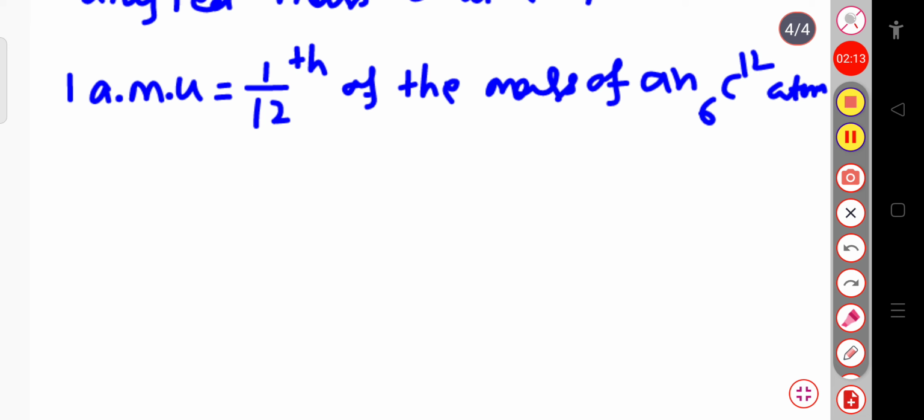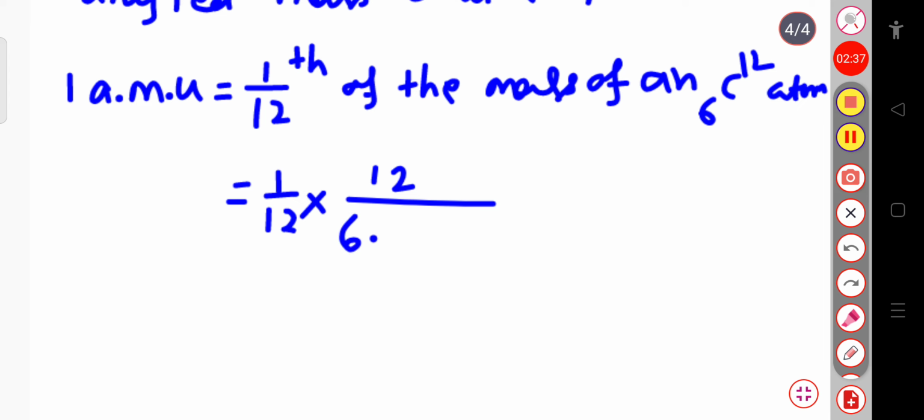If I consider the Avogadro number, that is 6.023 into 10 power 23, it will contain the total carbon atoms. So for the 12 part of the carbon atom, I can write this is equal to 1/12 into 12 divided by 6.023 into 10 power 23 gram.